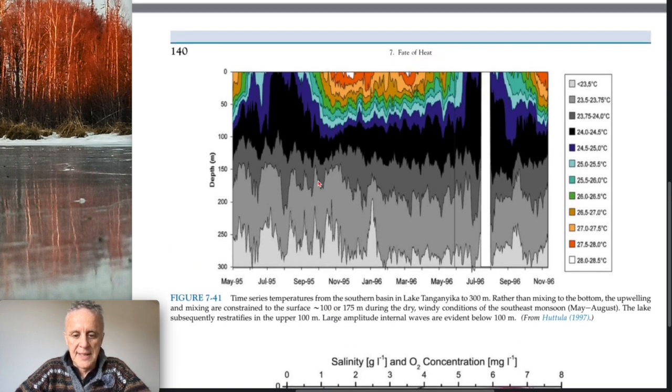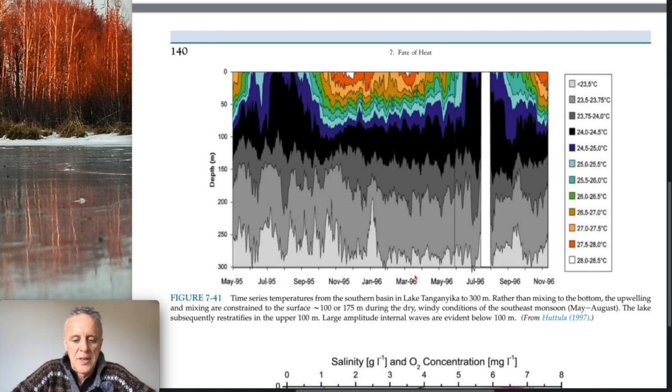So here what they're saying is that we have the depth on the x-axis, and on the y-axis we have the time, between May 1995 and November 1996. And here is a legend for the different colored temperature ranges. So during the time period between, let's say, November and March, right here, 1996, rather than mixing to the bottom, the upwelling and mixing are constrained to the surface.